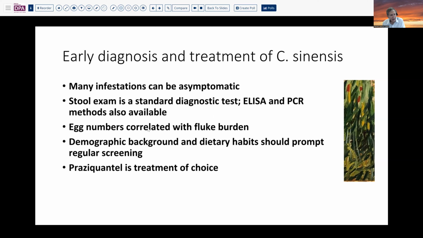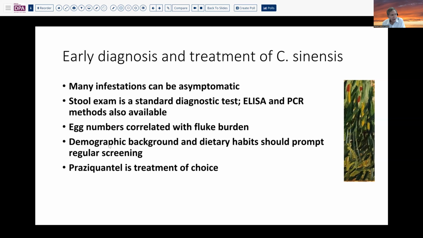And in general, egg numbers and DNA quantitation, of course, would correlate with fluke burden. And in some patients, the number of estimated flukes can really be quite remarkable, in the thousands of flukes.